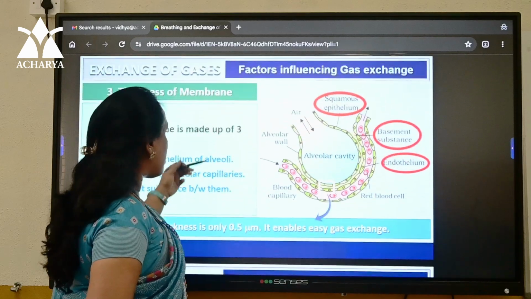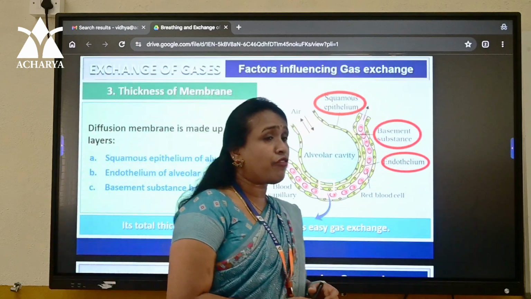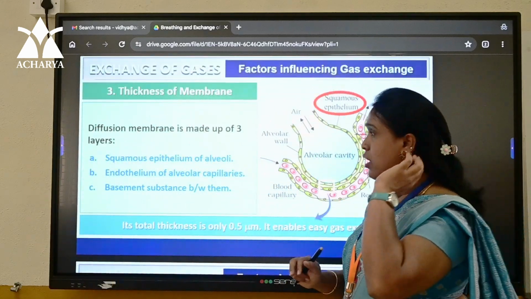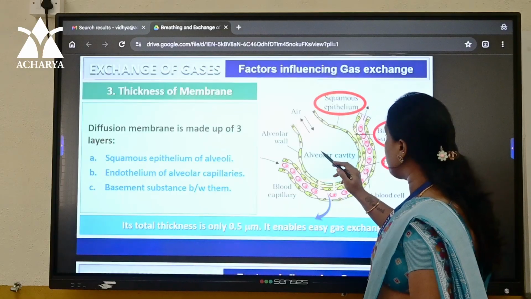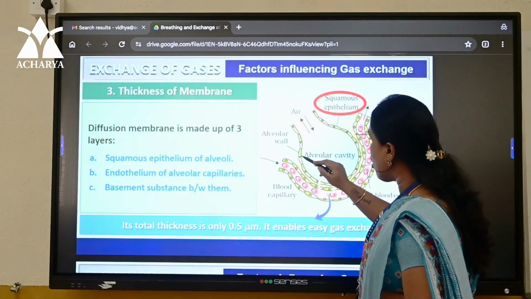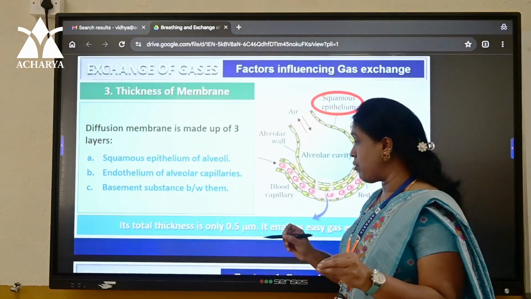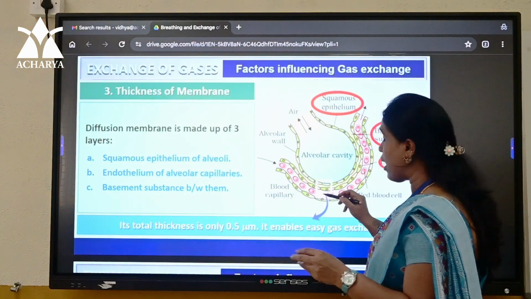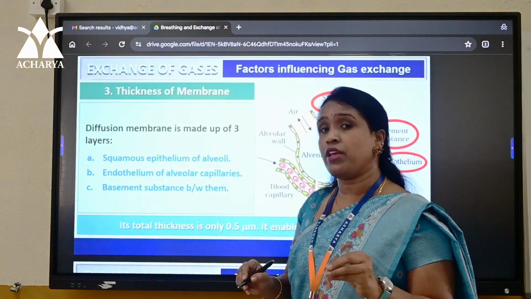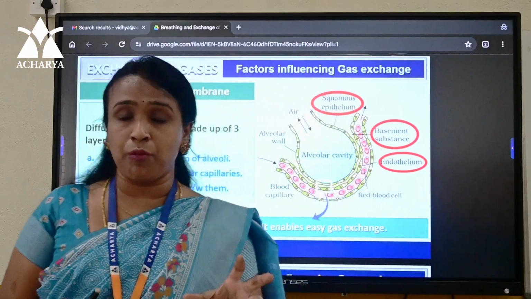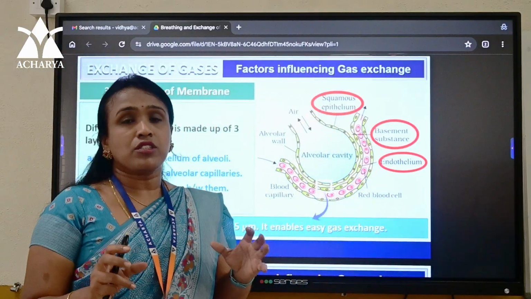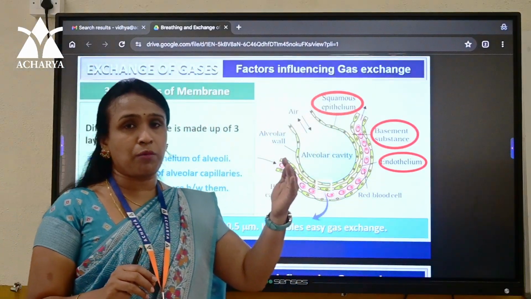Next, coming to the thickness of the membrane. Very importantly, two membranes are there. The first is the thin alveolar lining, which is thin squamous epithelium, and then we see the blood capillary. There also it is squamous epithelium only, but it has a specific name, endothelium.